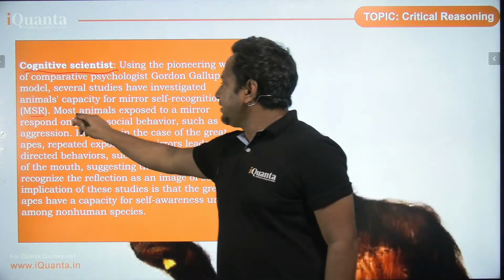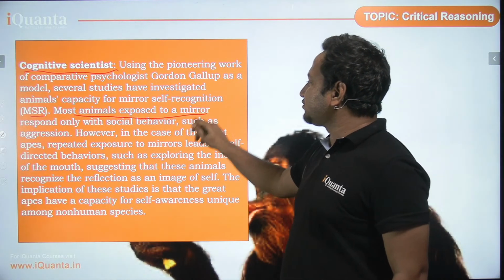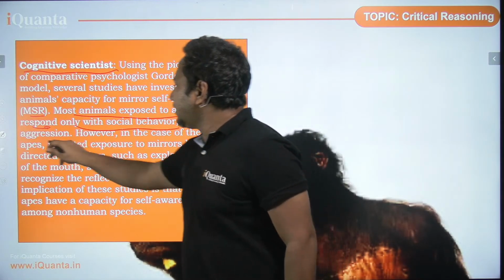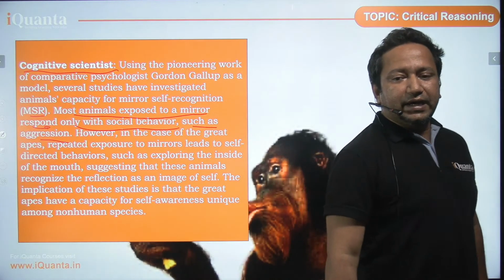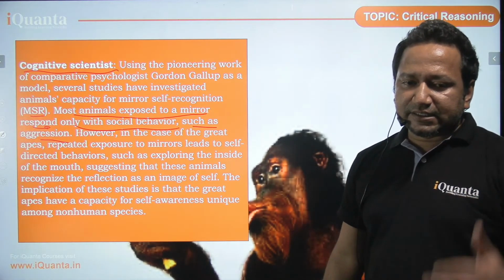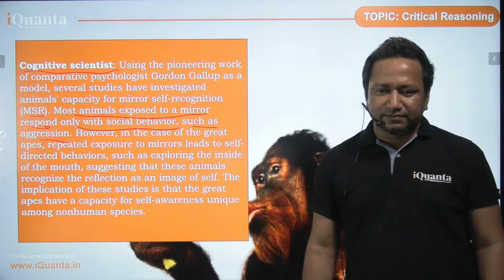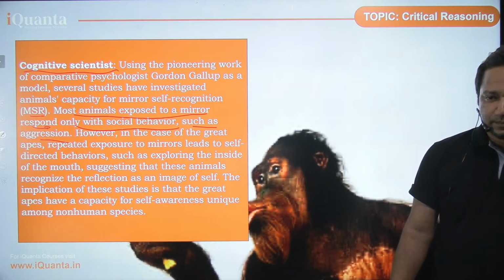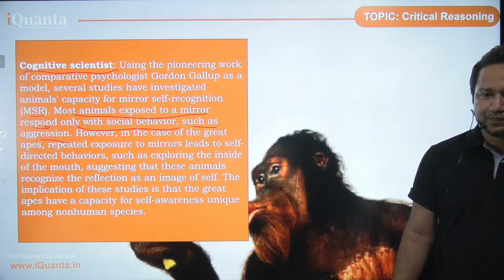This line specifically: most animals exposed to a mirror respond only with social behavior such as aggression. So what does it mean? That the animal can identify that this is another individual, or it thinks that it is the same? Nobody's answering that.